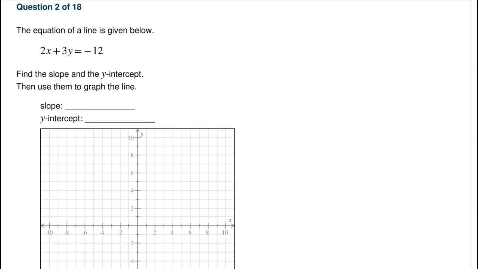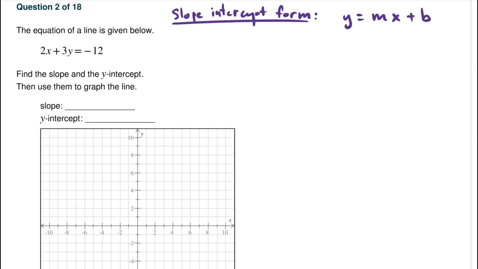Okay, the easiest form to pull out the slope and y-intercept is slope-intercept form, which is y equal to mx plus b, where m will tell you the slope, and slope is rise over run.